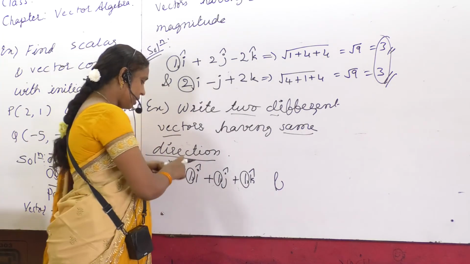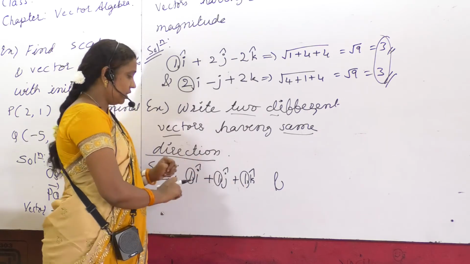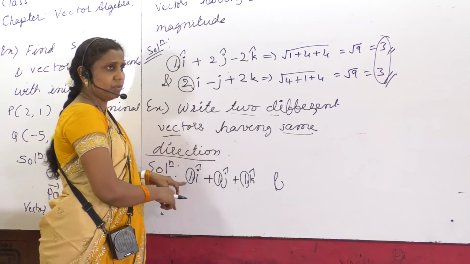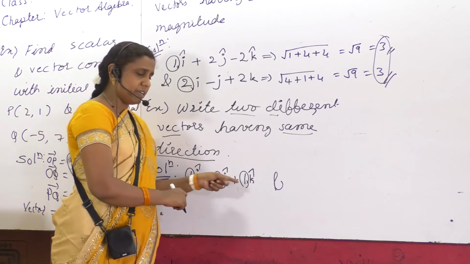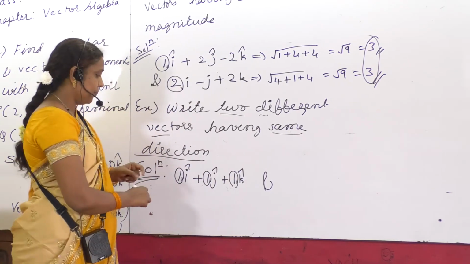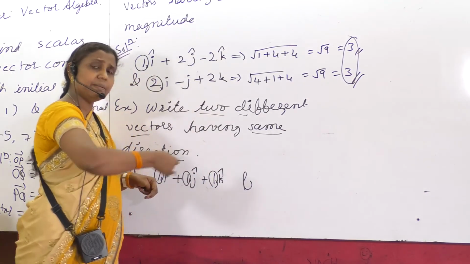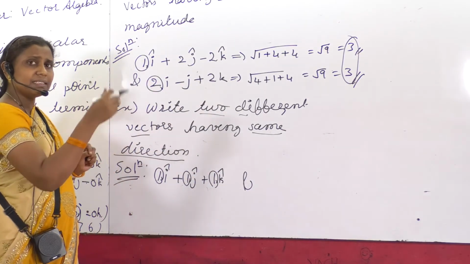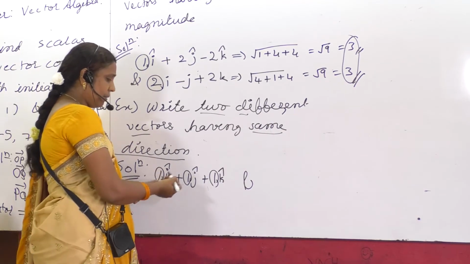It is not like multiplying only one component by 2. If you are taking a multiplier as a constant, you have to multiply it to each and every component. Then only you will be getting one more vector which is going in the same direction. The length is different, but the direction is the same.